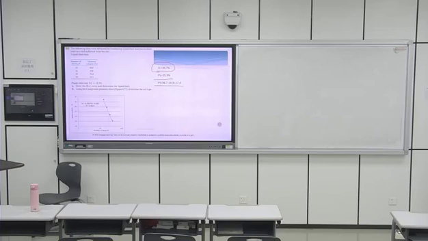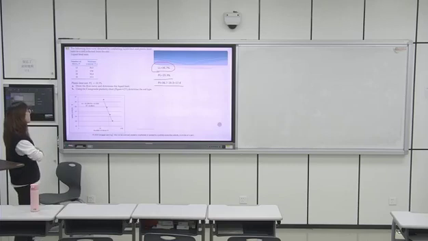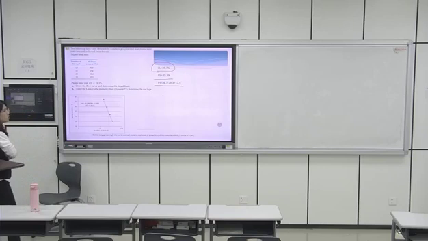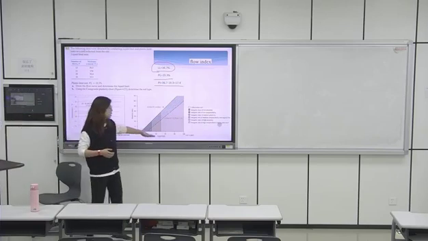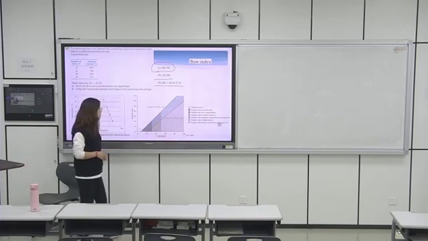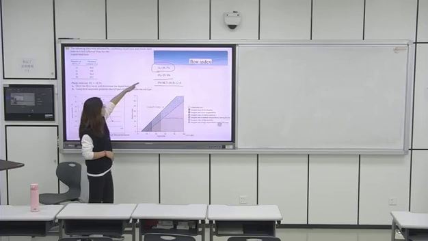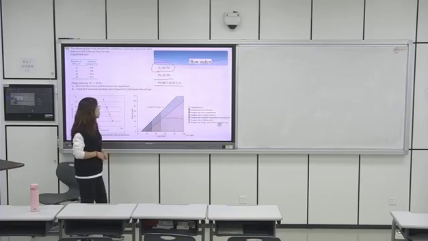So why do we calculate the plastic index? Because the second question asks you, using the Casagrande plasticity chart, to determine the soil type. If you want to use the chart, let's see, this is the chart. The chart is the relationship between plasticity index and liquid limit, right? So we know the liquid limit, but you need to know the plastic index.